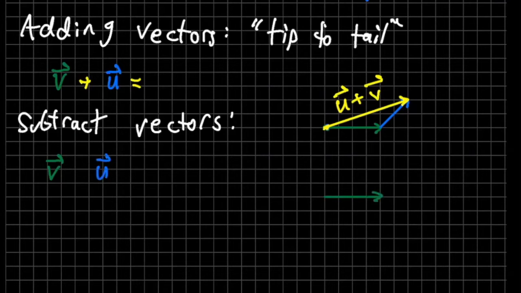And we wanted to subtract u, what we would do is take u and flip it so it's in the opposite direction, and then add it tip to tail. So here v minus u is the same thing as v plus negative u.